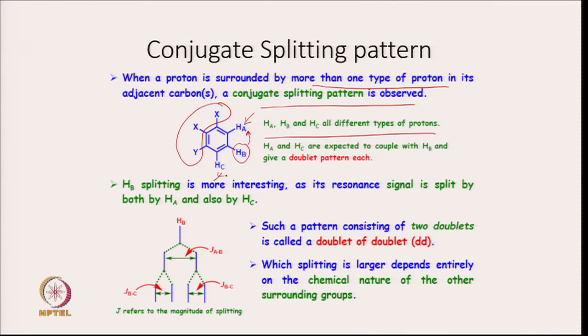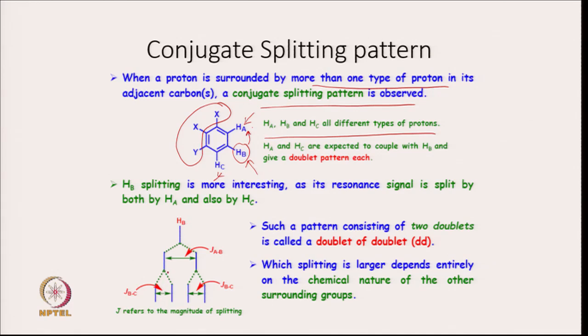Hc will also be split into 2 peaks, but interesting is the splitting of Hb, since it will be split both by Ha and Hc, and the splitting will look like this.